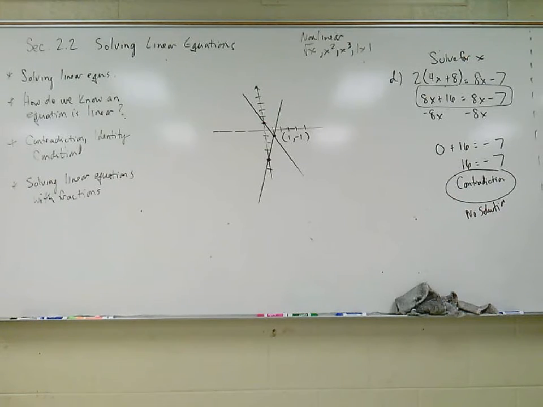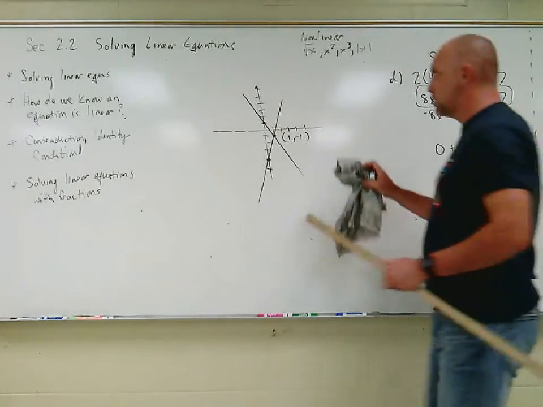Okay? So a contradiction is any time that the equation is not what? What would you say? Not true. It's false, right? 16 can't equal negative 7, right? It's a false equation. That's why we call it a contradiction. So if your x's cancel, that's one scenario. The other thing that could have happened is this.